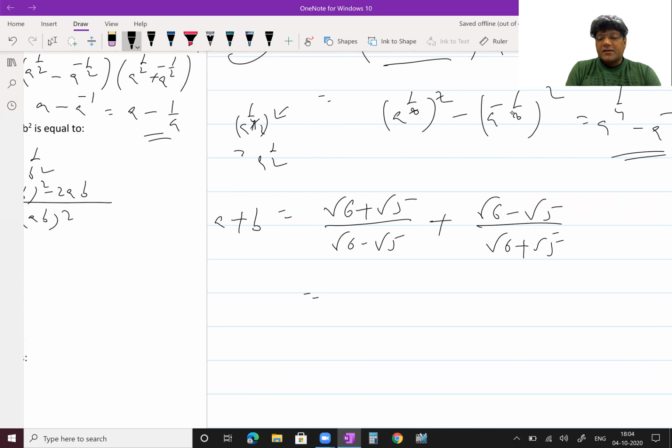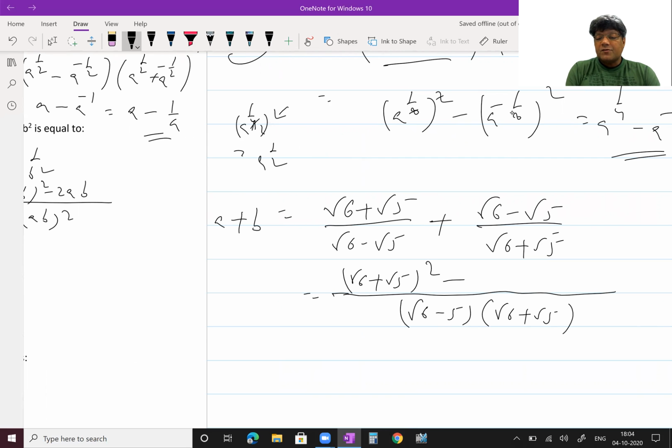So if you take the LCM, here it will come a minus b into a minus b. Wait, first one line I will write. Root 6 minus root 5 into root 6 plus root 5. So here it will come root 6 plus root 5 whole square, root 6 plus root 5 whole square, root 6 plus root 5 cancelled, root 6 minus root 5 whole square.